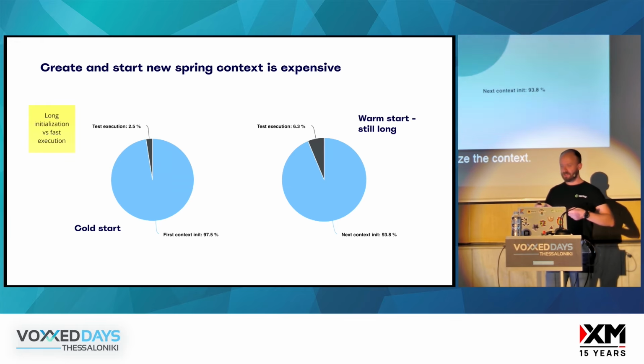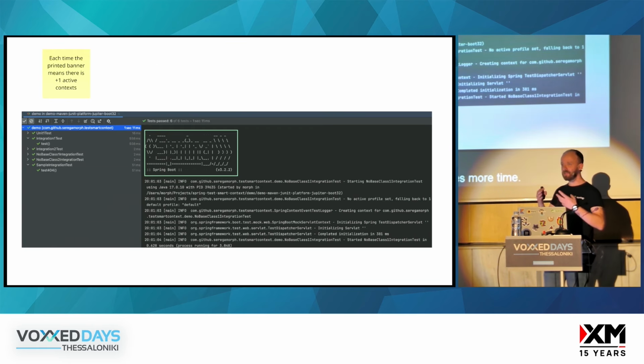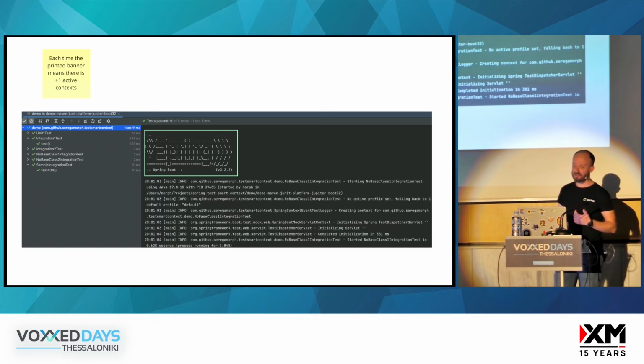But note that each time a separate context is needed, it also takes more time to execute your test suite. So you can easily recognize the Spring banner in your test log. How many times you see the banner in the log usually means how many times a fresh, separate Spring context is created.